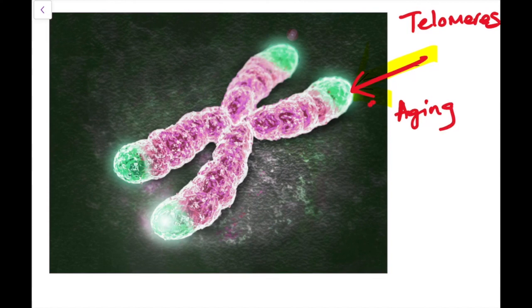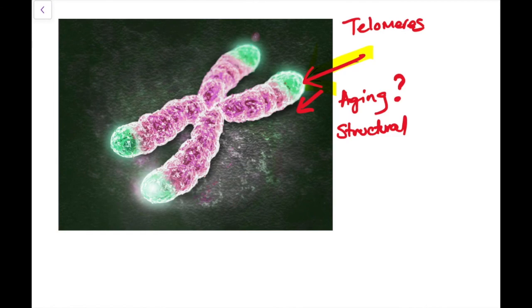As you age, these telomeres reduce in length, and they are repetitive sequences. And they seem to have a structural role, because if we remove them, the chromosome doesn't work. So their role in aging isn't quite clear, but certainly as you age, they seem to reduce in length. And that's the end of the clip.